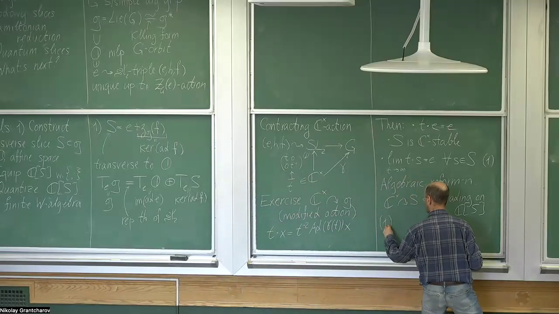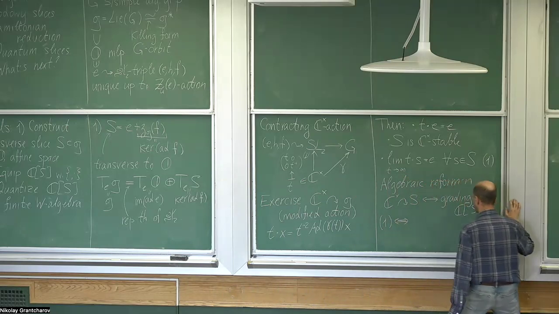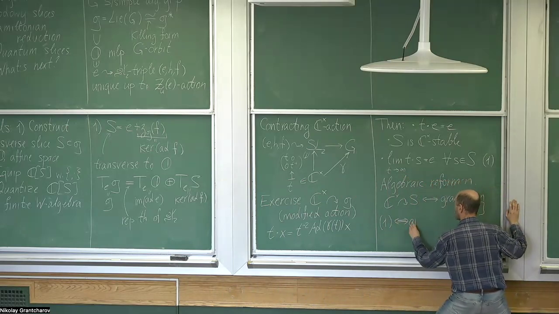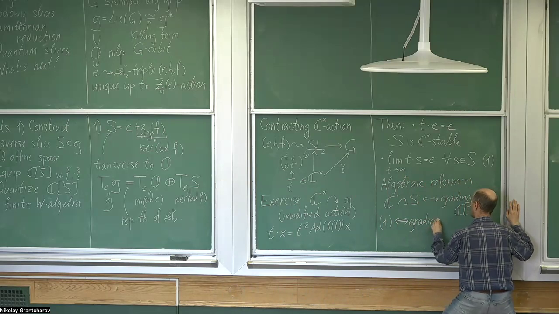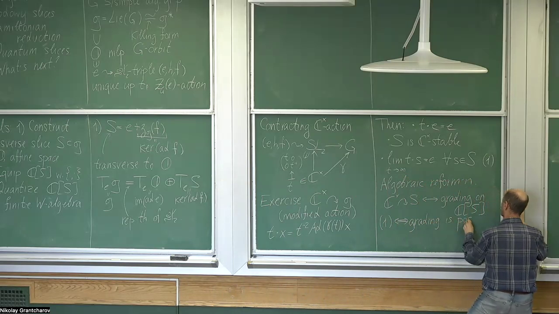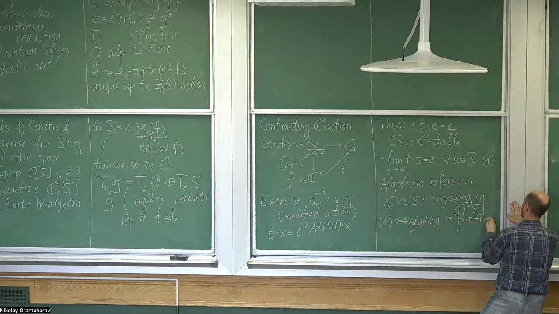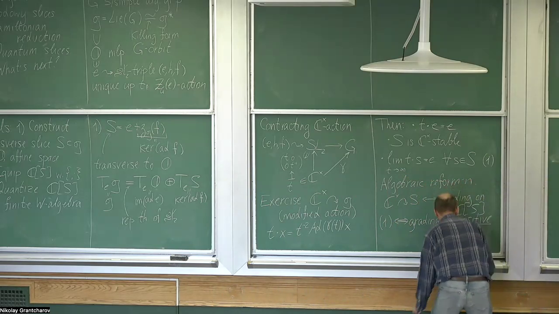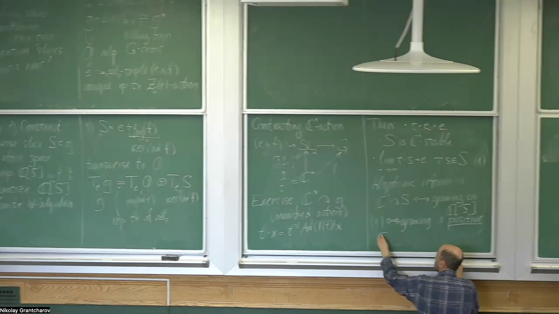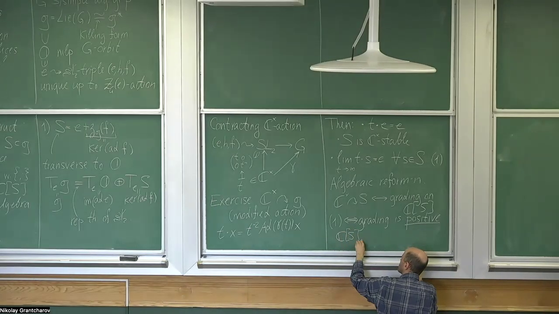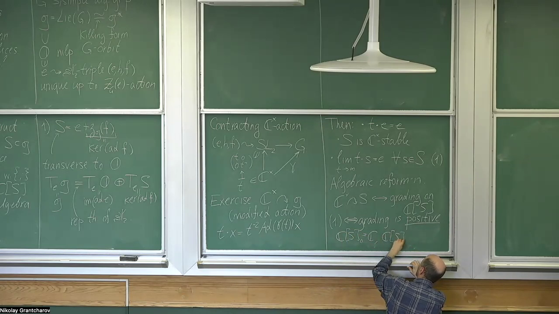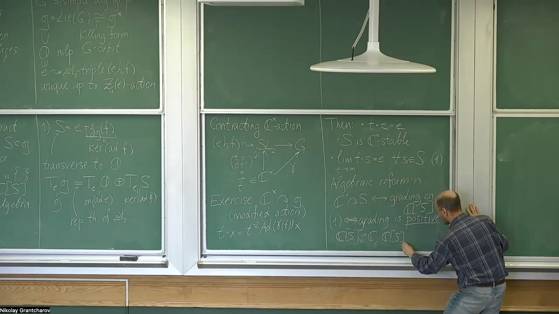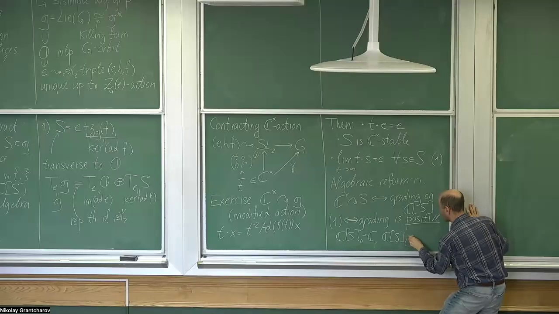Property 1 is equivalent to saying that the grading is positive. By definition, this says that the zero-degree component is the scalars, and negative components are 0.